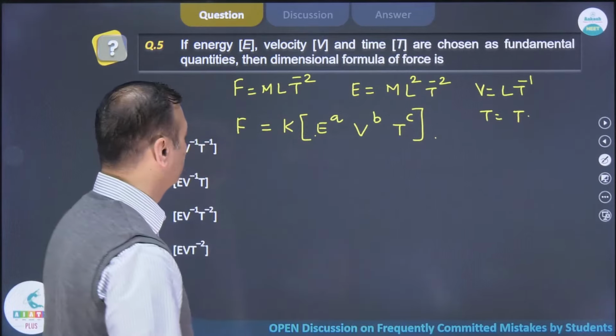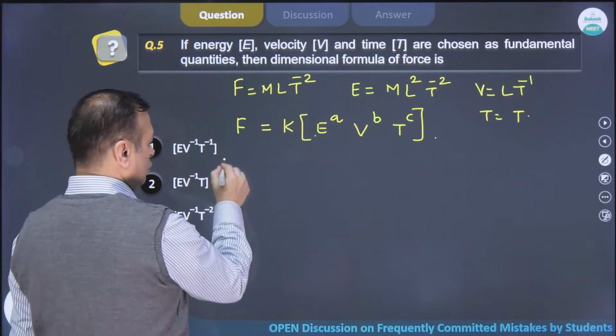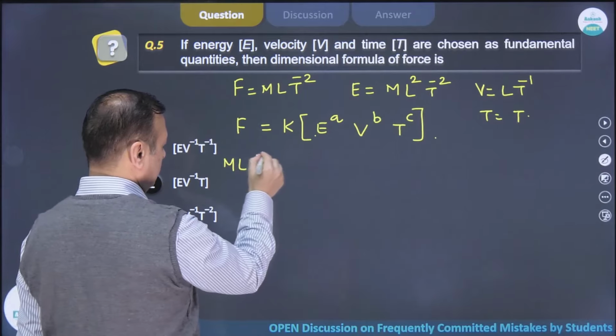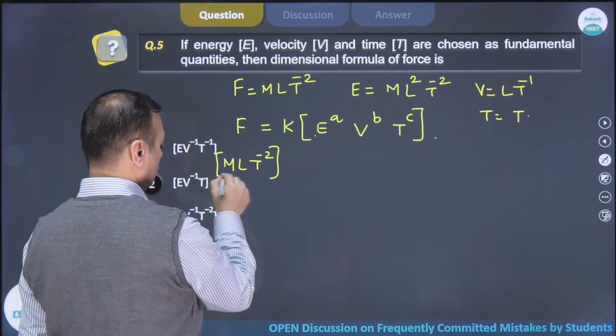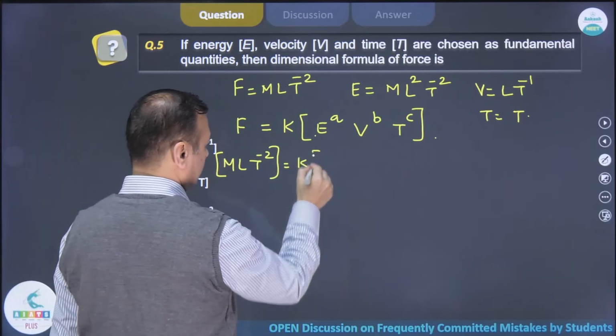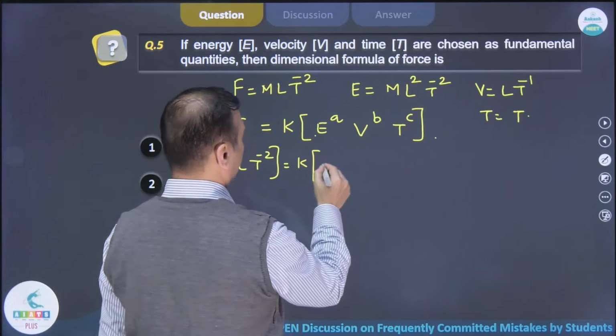C. Now just put the values MLT minus 2 on the left hand side, and this is, for the energy part, what?